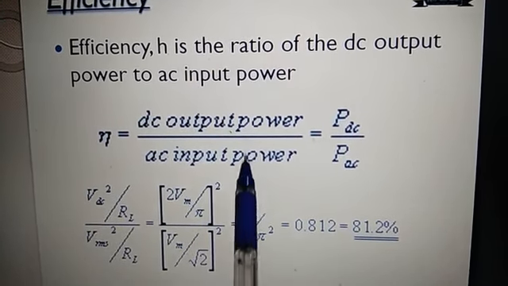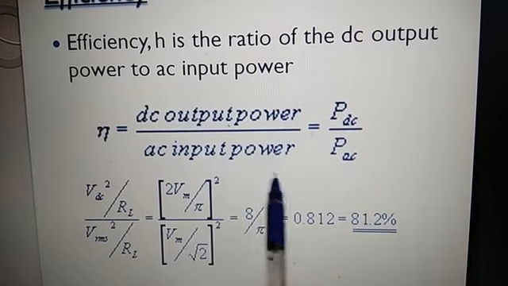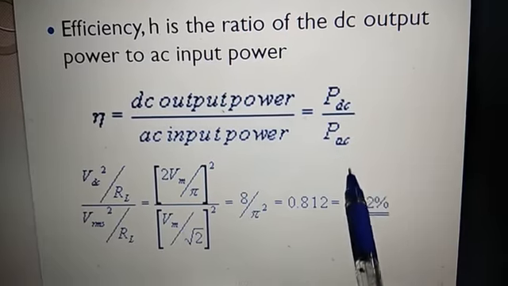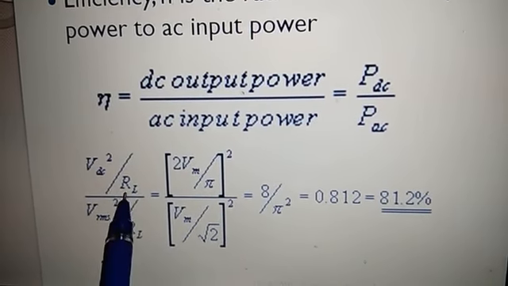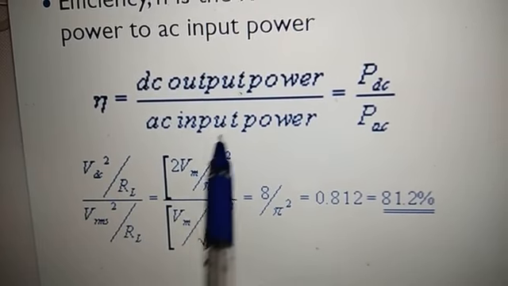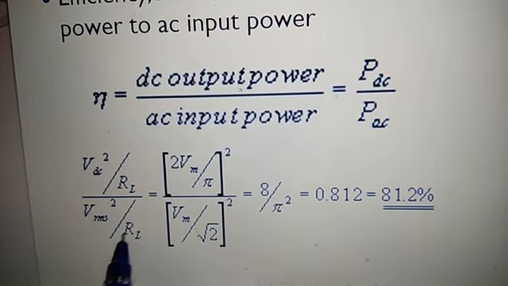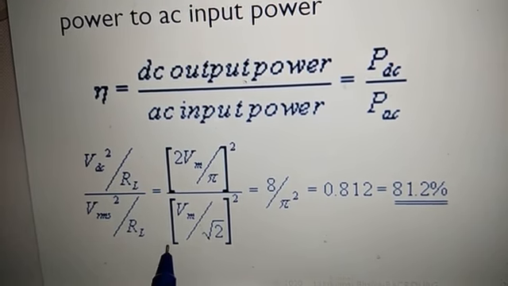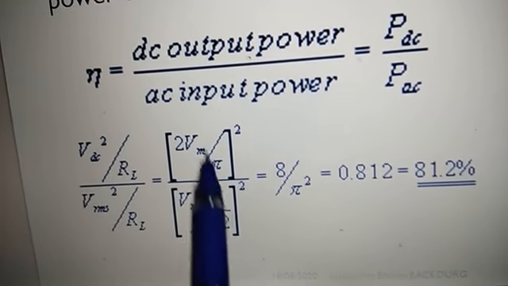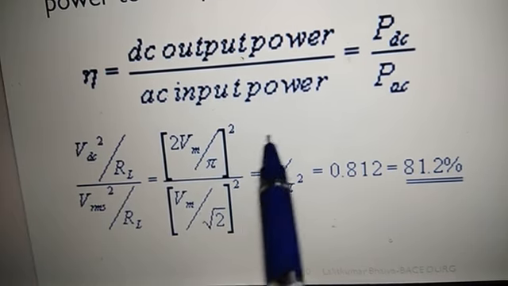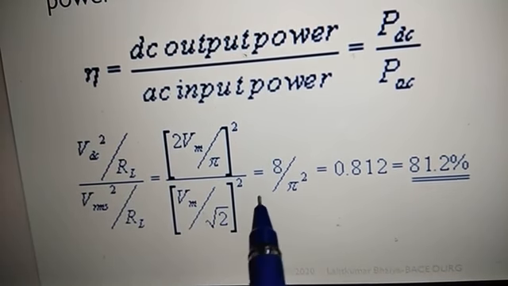Efficiency. Efficiency is the ratio of the DC output power to the AC input power. So this is PDC upon PAC. You can put the DC output power formula, that is VDC square by RL, and AC input power is Vrms square by RL. You can put this formula, twice Vm by pi whole square upon Vm by root 2 whole square.